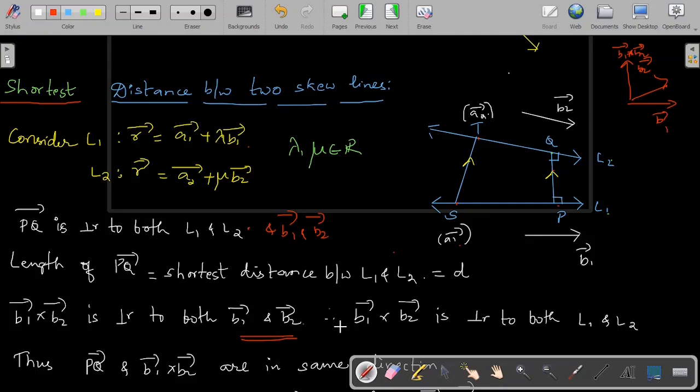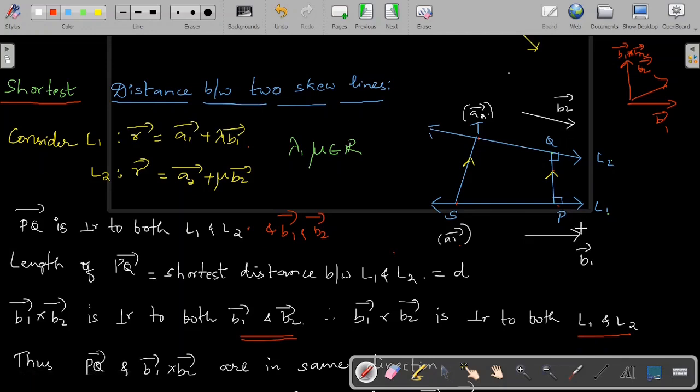So eventually what happens? PQ vector and B1 vector cross B2 vector are perpendicular to B1 and B2. These two vectors are in the same direction. So B1 vector cross B2 vector is perpendicular to both L1 and L2 as it is perpendicular to both B1 and B2.